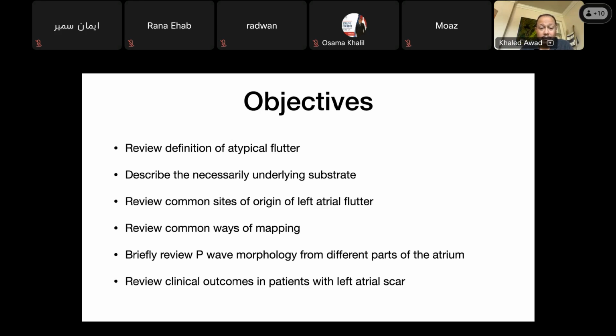And then we're going to talk about the origin of left atrial flutter, what different circuits we have, what different sites of origin could be, and we're going to talk about how we map it, P-wave morphology, or EKG-based mapping, if you will. We're going to talk about that a little bit, and we're going to talk about some of the clinical outcomes, and we will also talk about some anatomic correlations. We're going to review some cases.